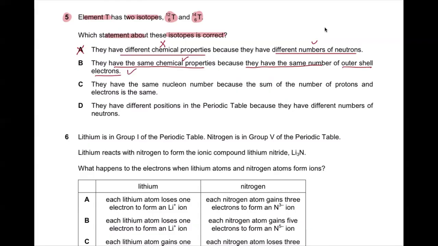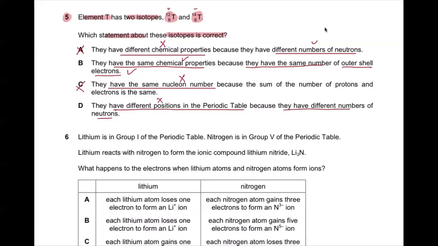Yes, that seems correct. They have the same nucleon number? No, one has 12 and the other has 14, so the nucleon number is not the same. They have different positions in the periodic table because they have a different number of neutrons?